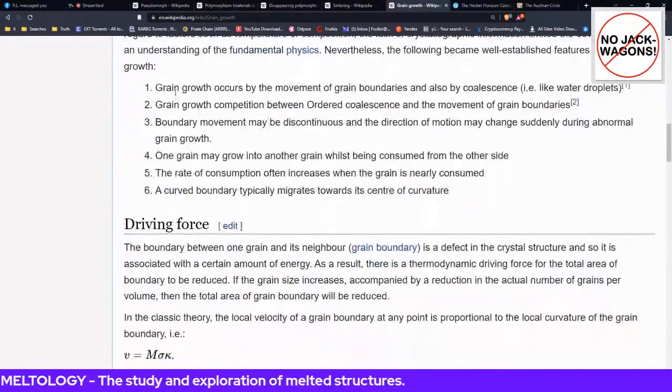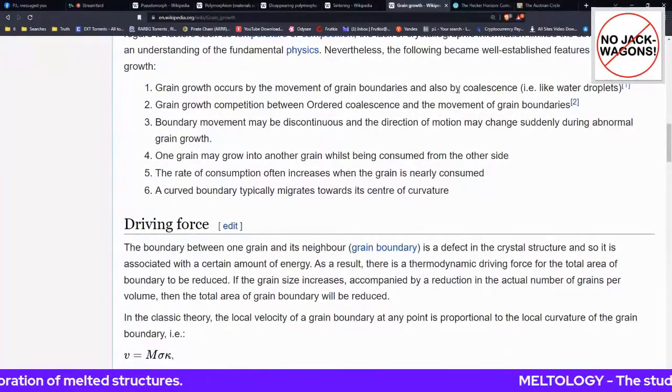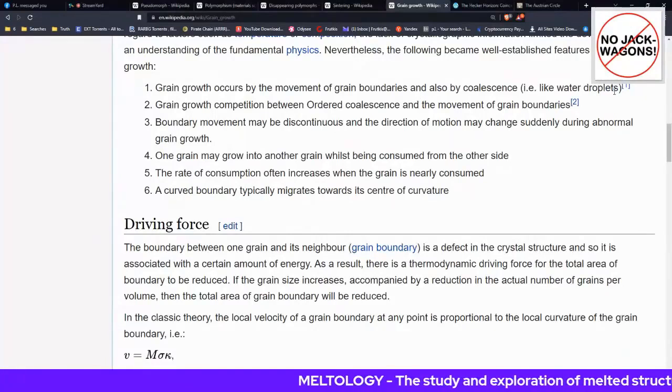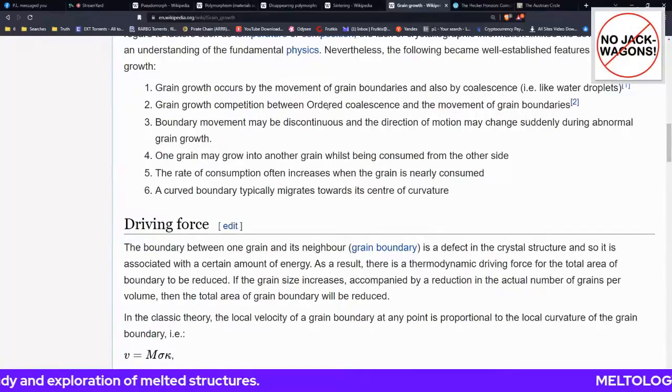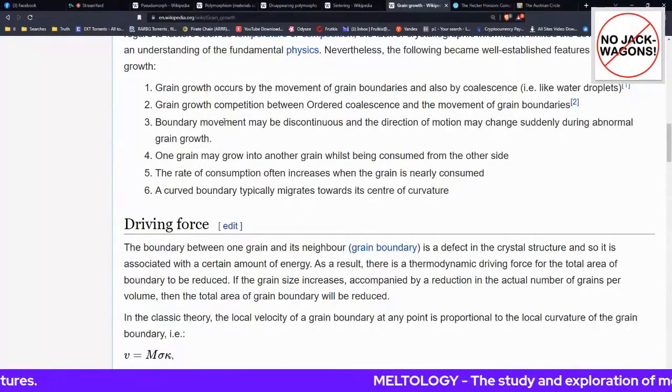The grain growth occurs by the movement of grain boundaries. Like water droplets. If water drops into this, it can change the grain growth, or the order of the grain growth can be changed.